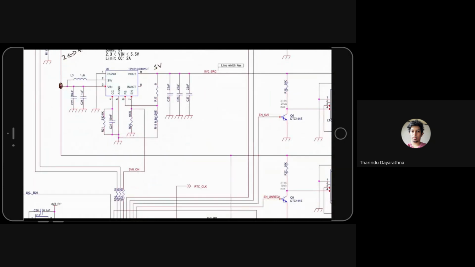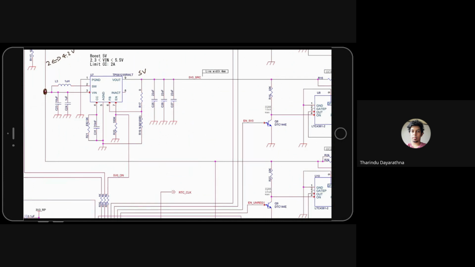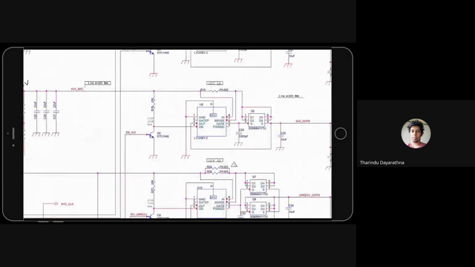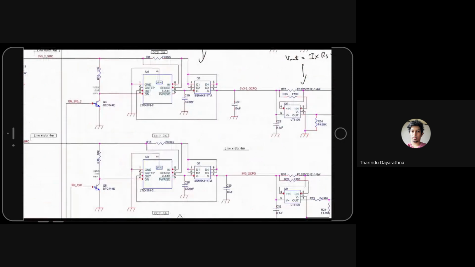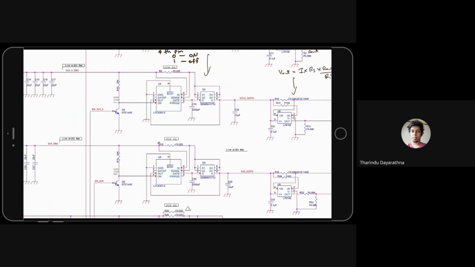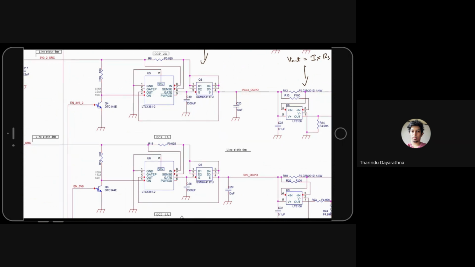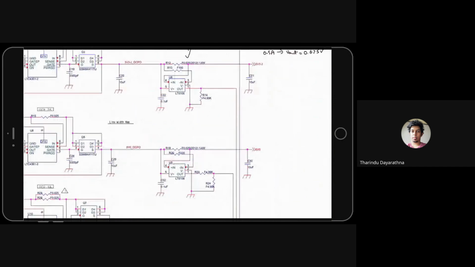Then again you can see the chip enable line going to the pin, and we again have the same OCP, the same 2 ampere OCP triggering current, and then the same circuit.